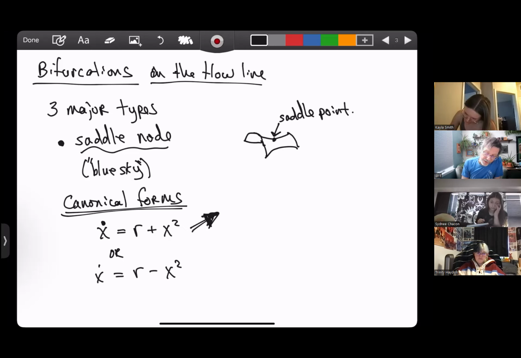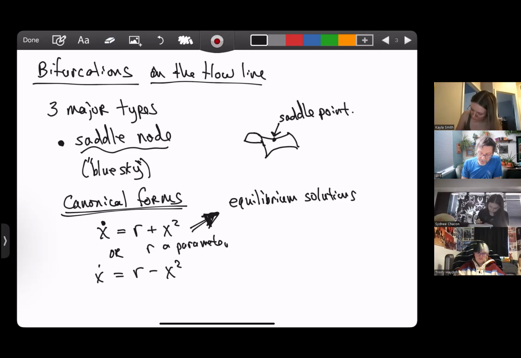So first off, let's think about the equilibrium solutions. And here again, r is our parameter. That's our control knob, right? So you've got this r knob, and it's got different values from 0 on up to plus infinity, and then the other way down to minus infinity.